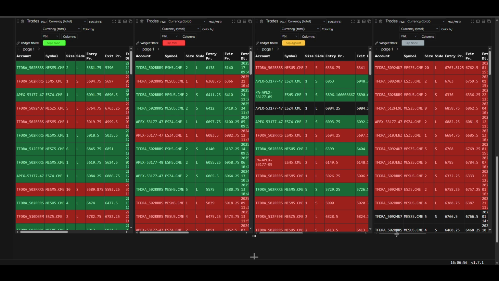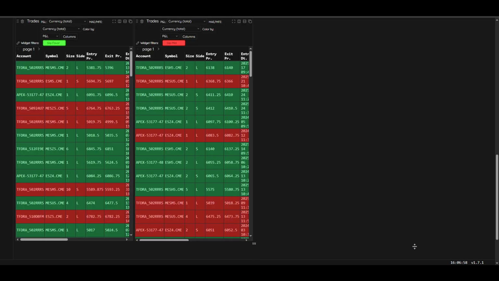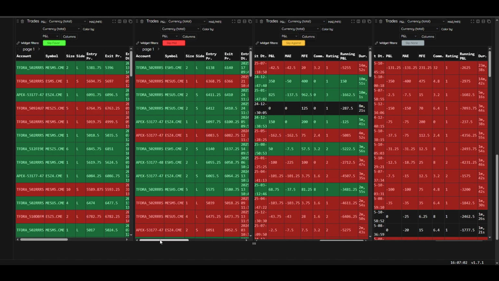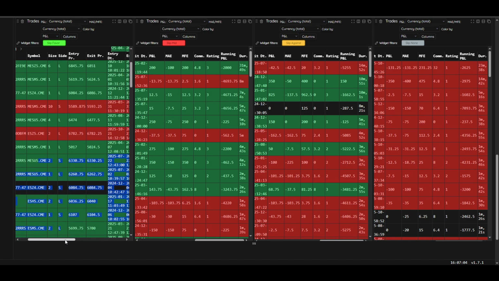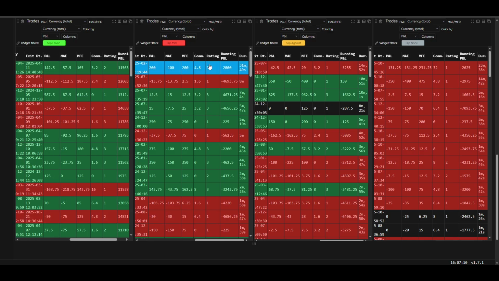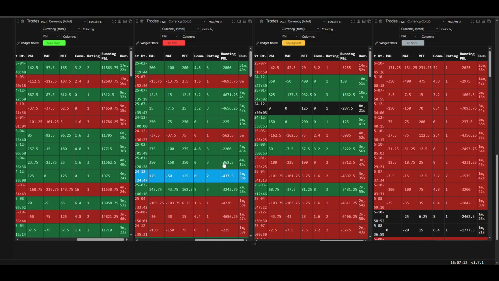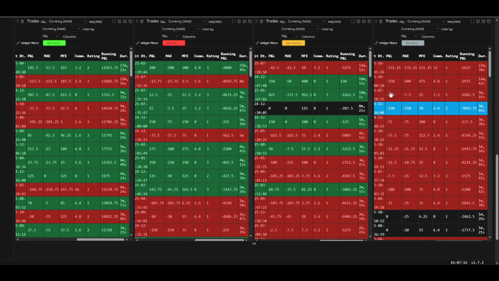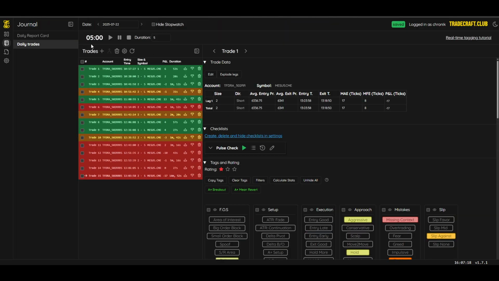I don't know why it's doing that. Just click the duration tabs, highest.